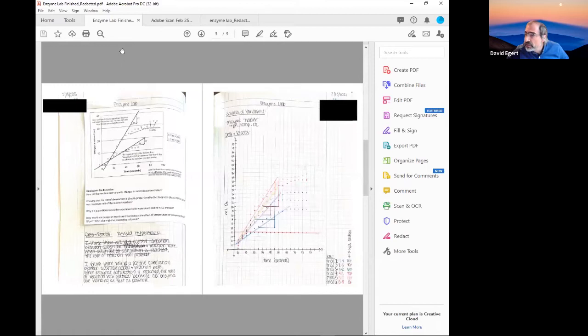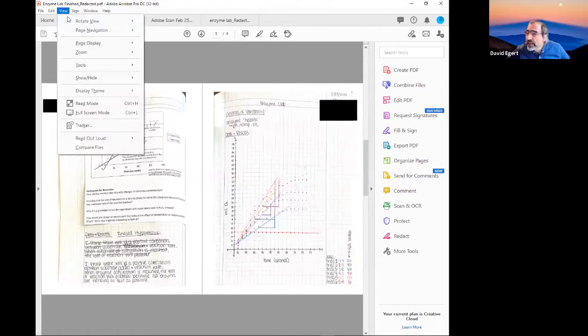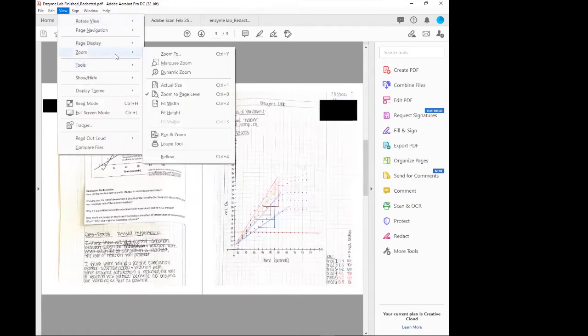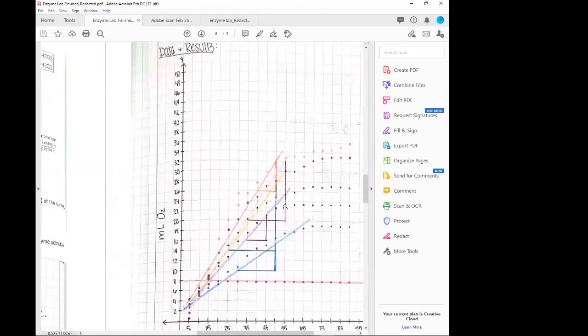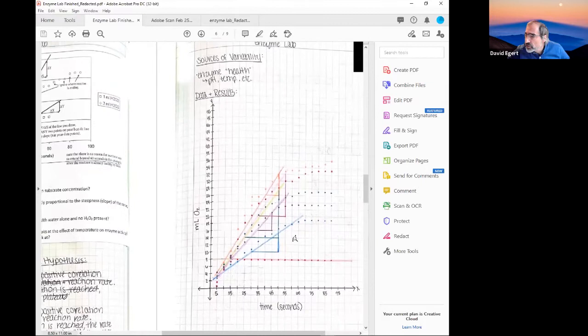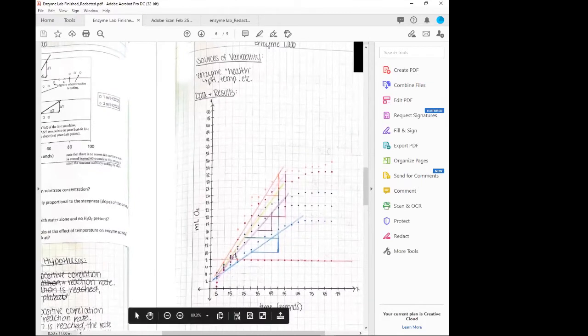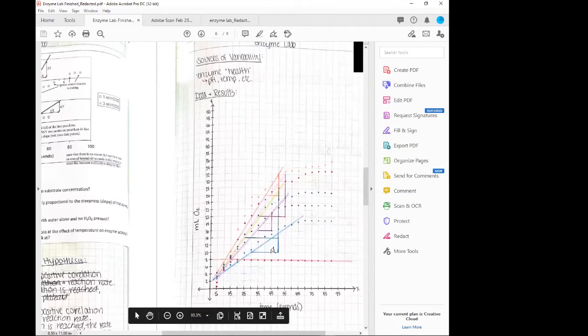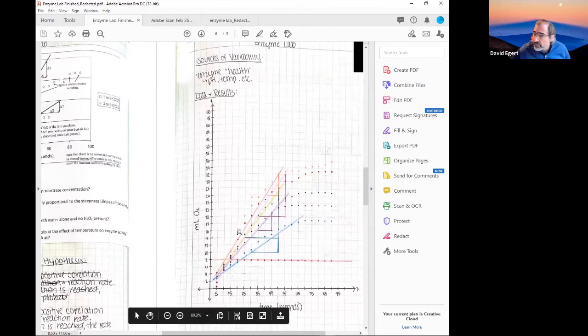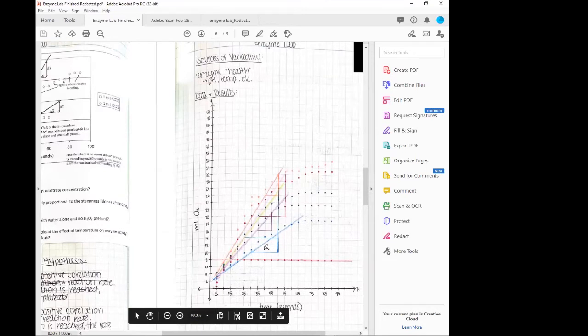So this person, the way they decided to do the graph, and like I said, this works just fine, is to put them all on one page. Although if you're going to do it like this, this doesn't give you a lot of wiggle room to actually analyze things.